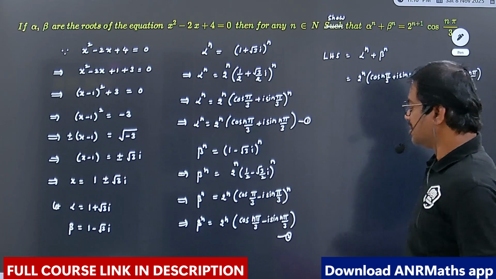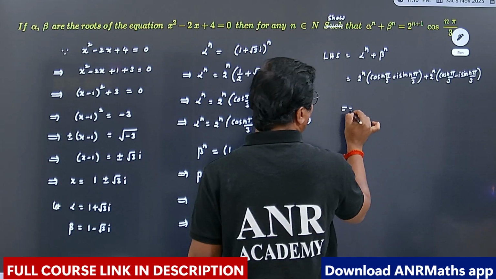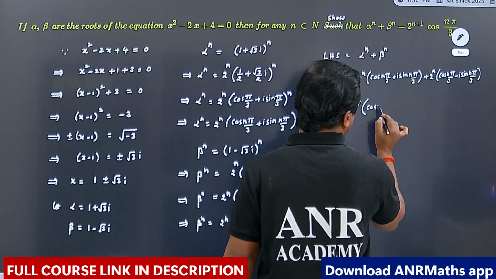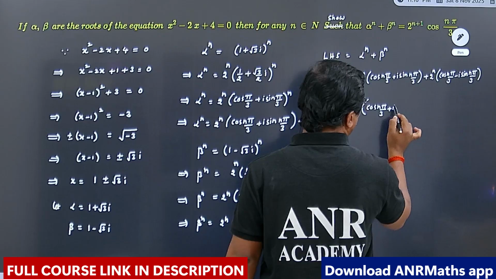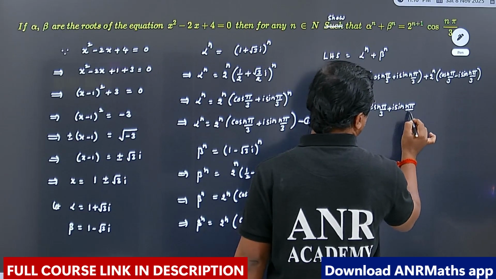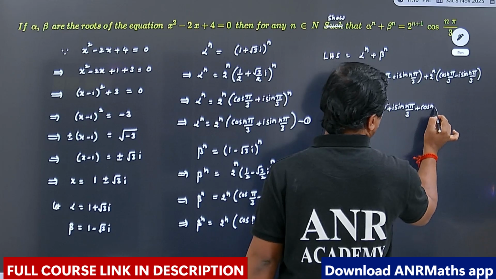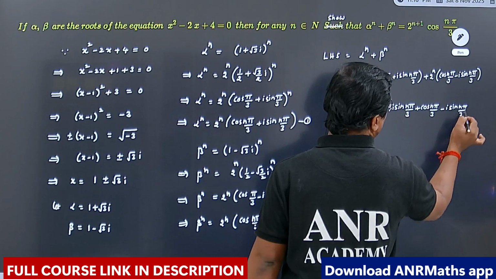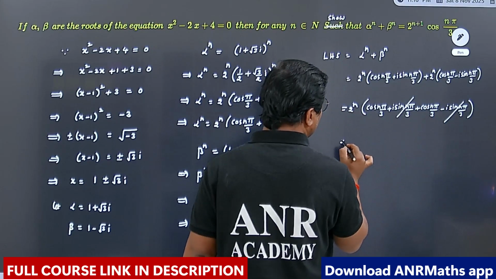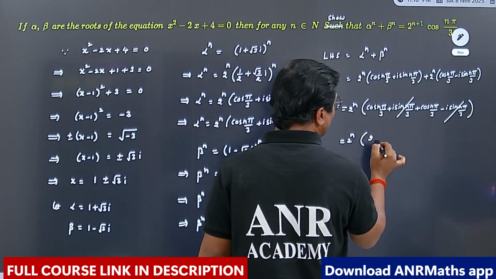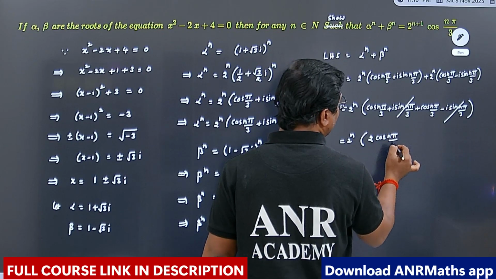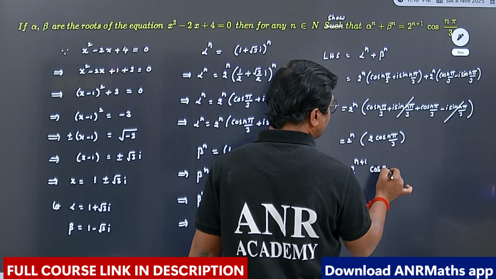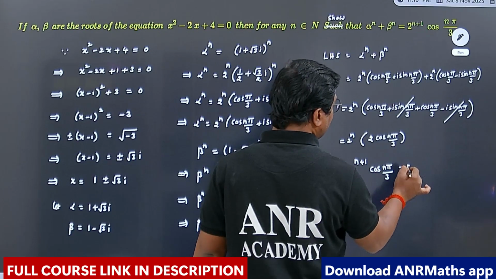Here from both, if you take 2 power n common, we get cos n pi by 3 plus i sin n pi by 3 plus cos n pi by 3 minus i sin n pi by 3. These two terms get cancelled. We get 2 power n multiplied by 2 cos n pi by 3. So that 2 power n plus 1 of cos of n pi by 3. This is RHS part.